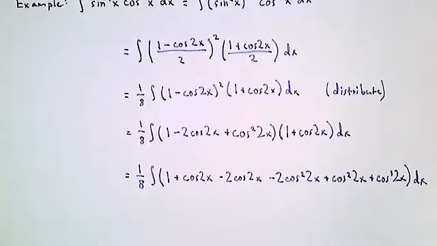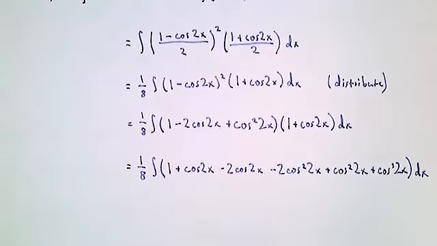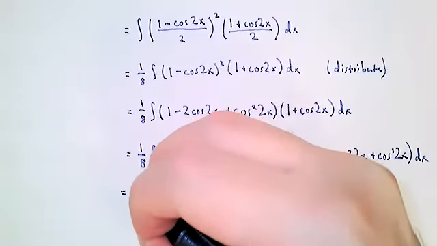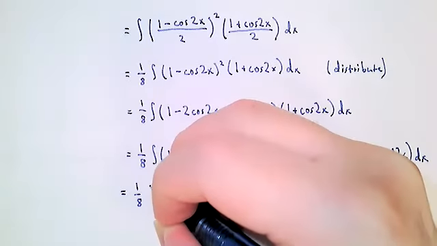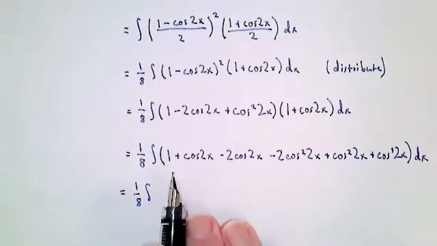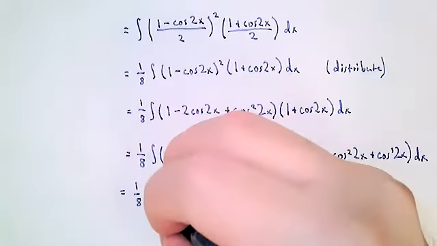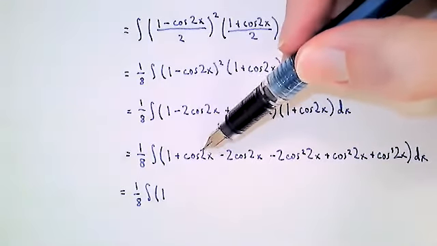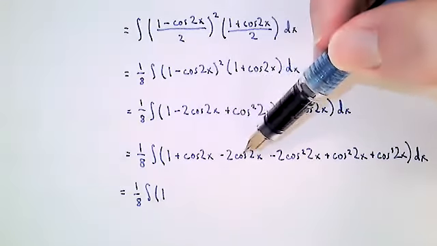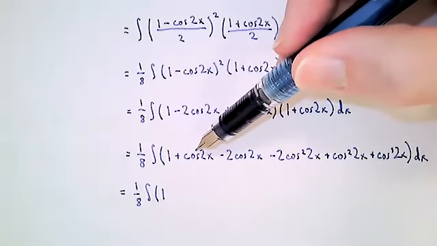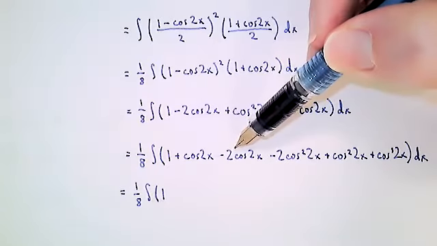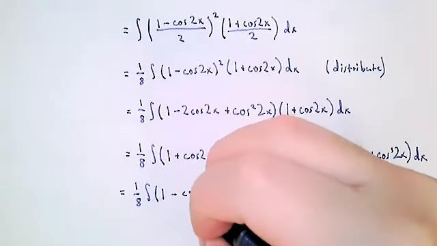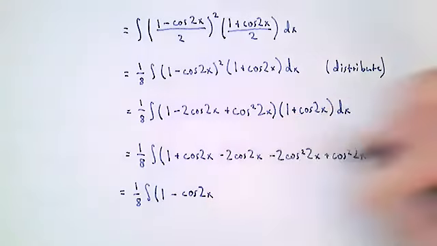That's a bit messy. Let's combine any like terms. We only have the one constant, but we do have a couple of cosines of 2x that we can combine. So 1 cosine of 2x minus 2 cosine of 2x is minus cosine of 2x.